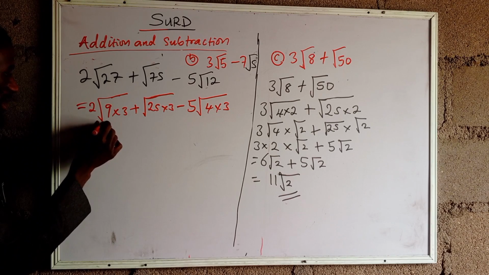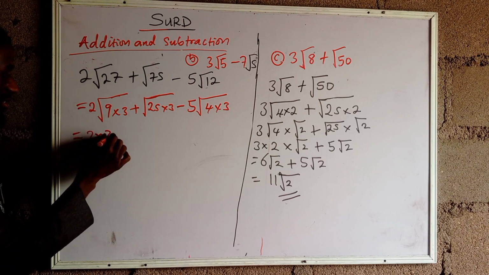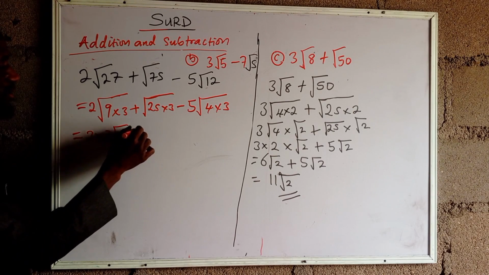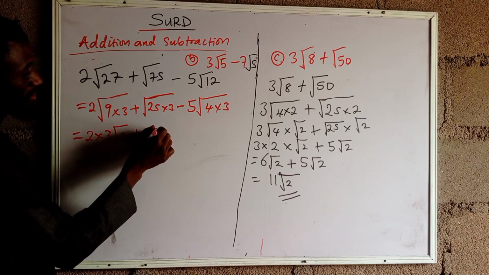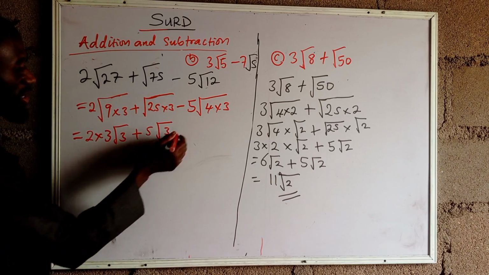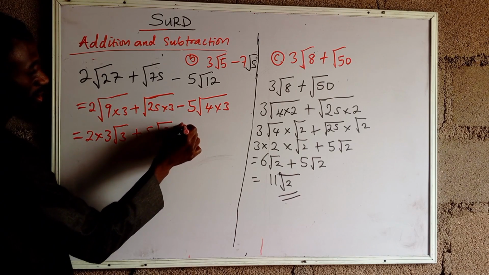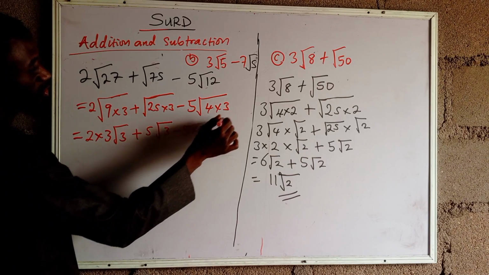The square root of 9 here is 3, so 3 root 3, plus the root of 25 is 5 root 3. The 3 will remain in square root. We have minus 5 times the square root of 4, which is 2.